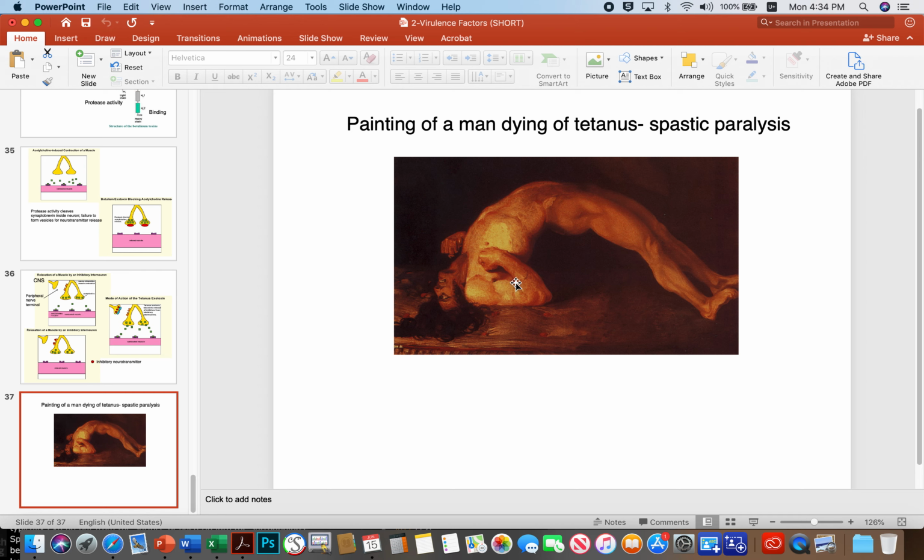You can see that this individual has his bicep flexing and pulling his arm up into a tight flex. His toes are curled because the muscles here are flexing and curling inward. The individual's bent like this because the lower back muscles are competing with the abdominal muscles, and because they tend to be stronger, they bend the individual backwards.